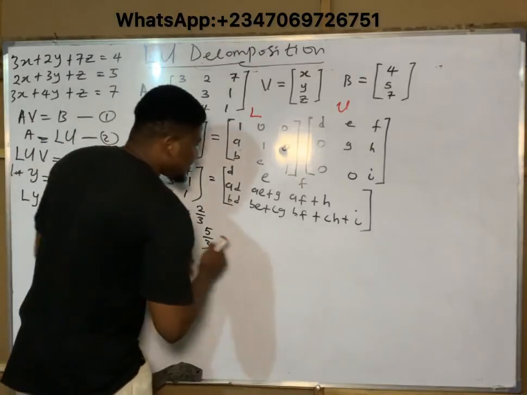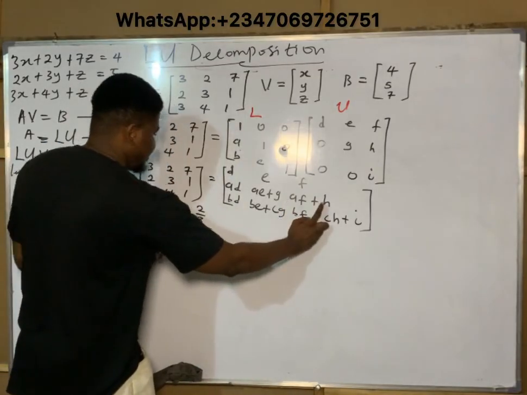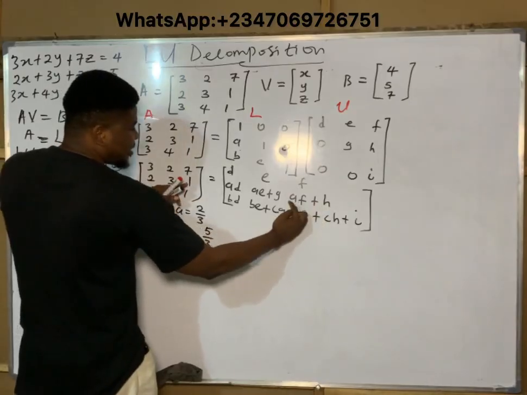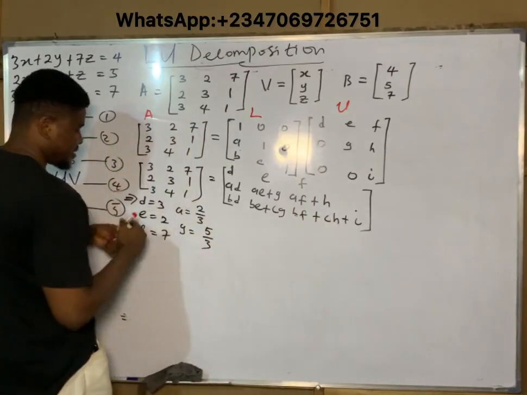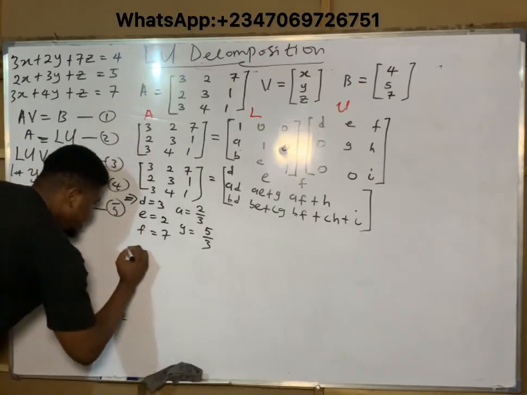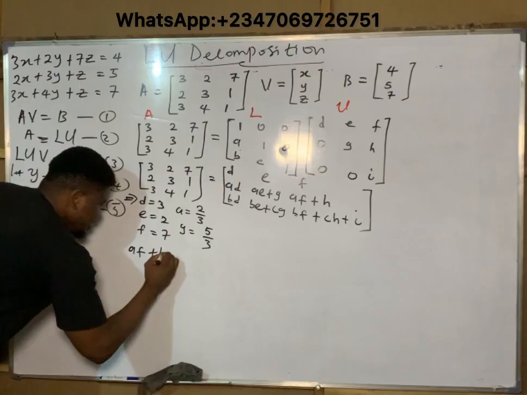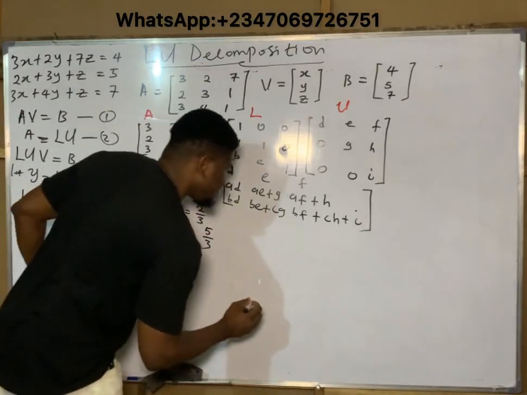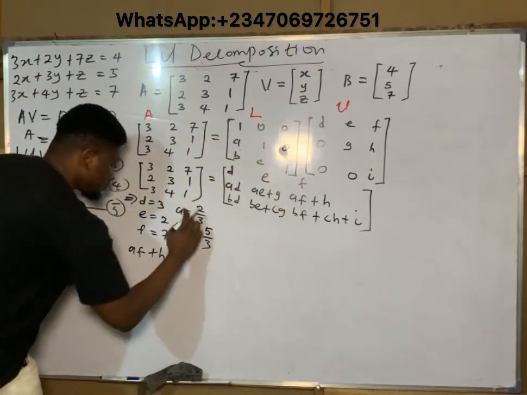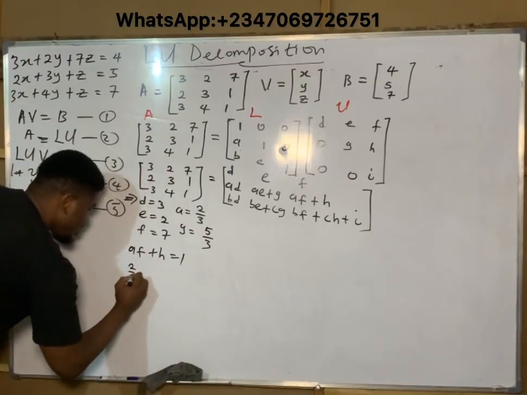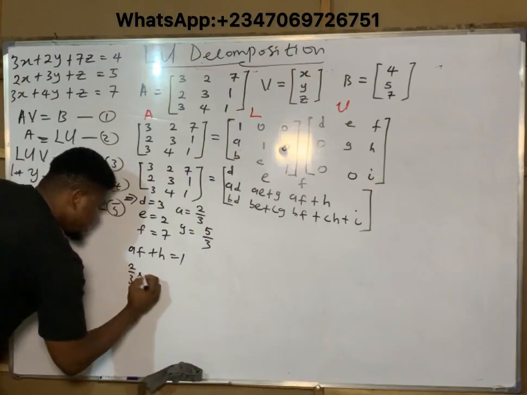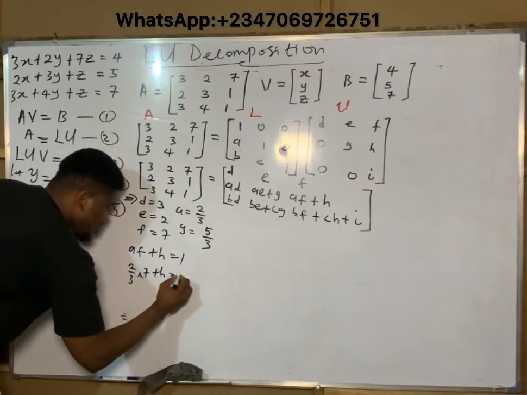Next, we have AF plus H equal to 1. So we have AF plus H equals 1. Let's confirm that, yes. Now we know what A is, 2 over 3. A is 2 all over 3 multiplies F, which is 7, plus H equals 1.